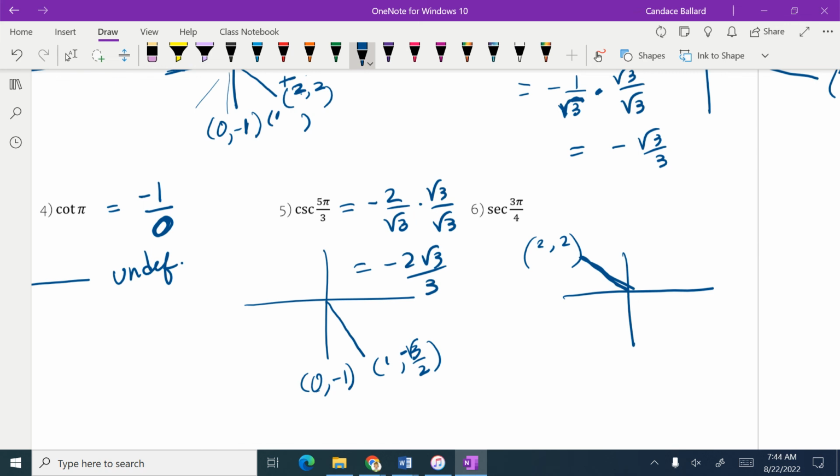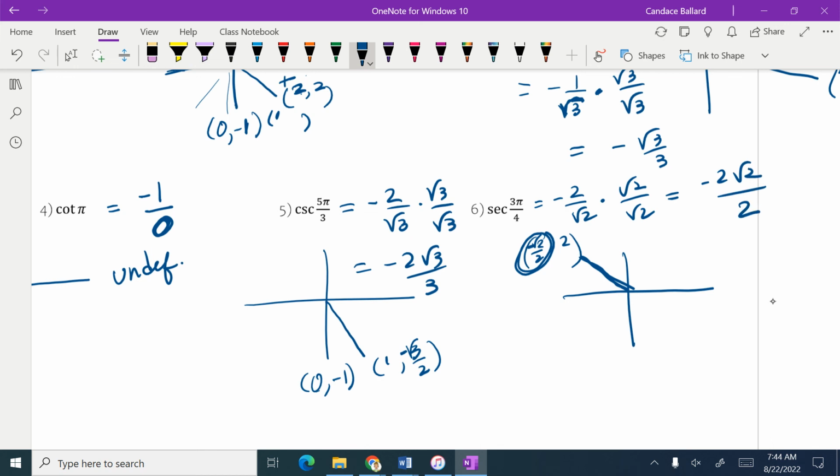Okay. Let's see. Secant, which was this first one or the second one? The x or the y? It's the first one, but what do I know about the first one? Positive or negative? Negative. So my flip is going to be, because I had to flip the reciprocal, negative 2 over square root of 2. And then I've got to rationalize it. You get negative 2 square root of 2 over 2.